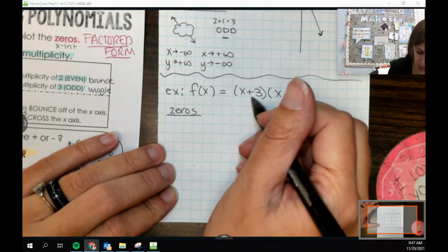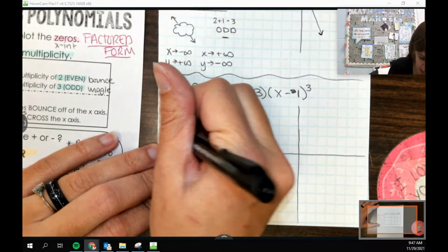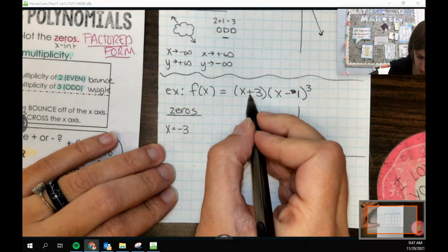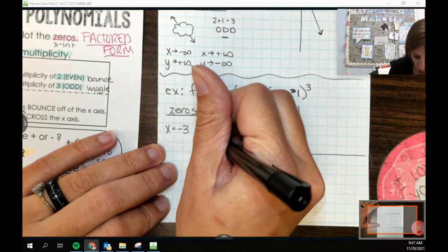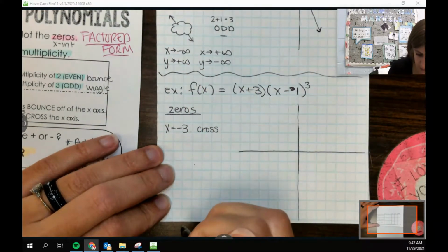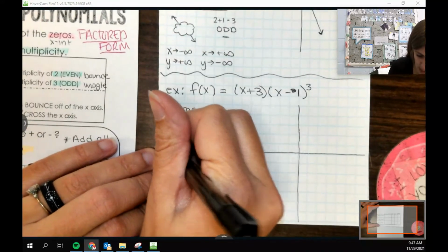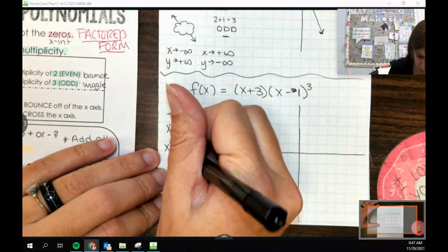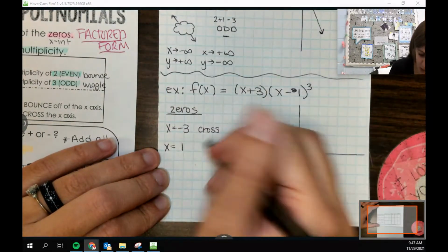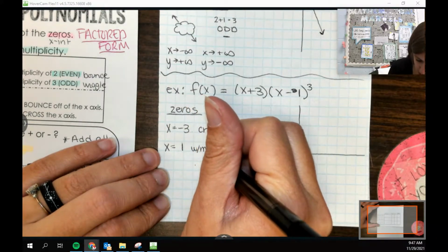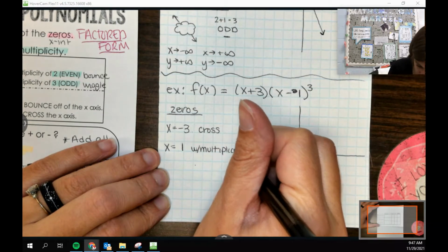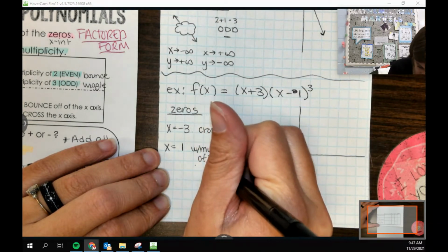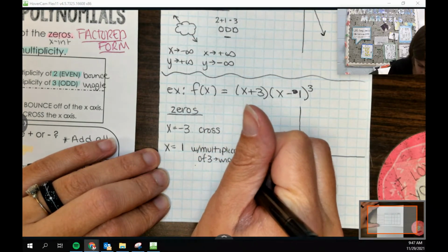So the first one that I see is -3, and it has an exponent of 1, meaning that it will cross. The next one that I see is x equals 1. That one has multiplicity of 3, meaning that it will wiggle.